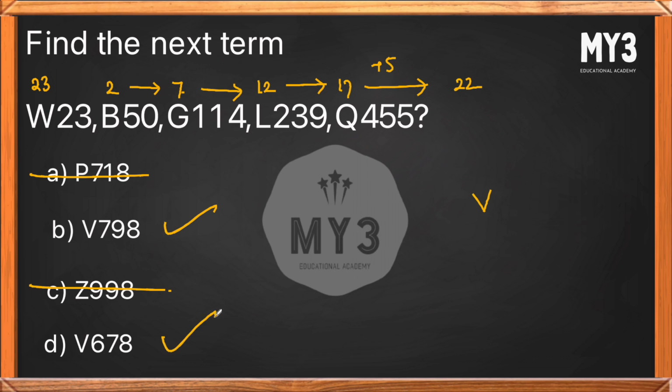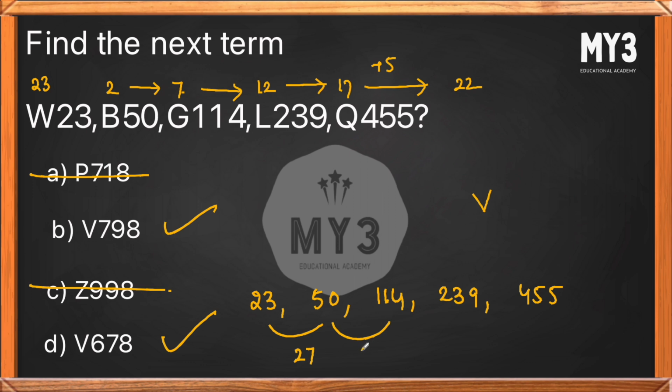And let's look at what is the logic which is available in the numbers. You are able to see 23 and 50 and 114 and 239 and 455. If you observe the difference here, 23 to 50, there is a 27 difference, and 50 to 114, there is a 64 difference, and 114 to 239, there is a difference of 125. And the next difference, if you observe, is going to be 216.